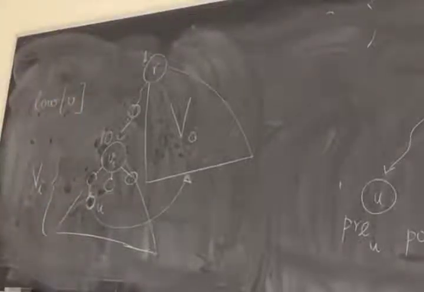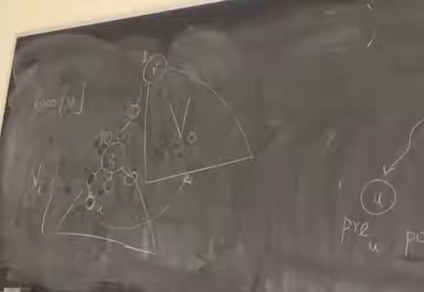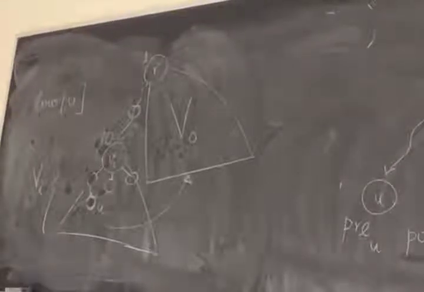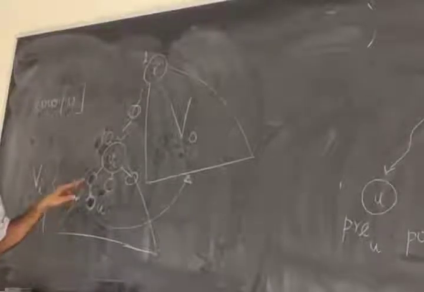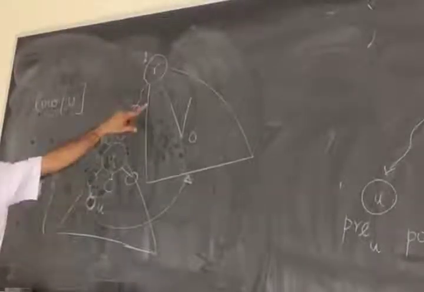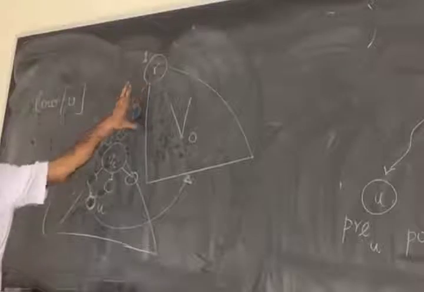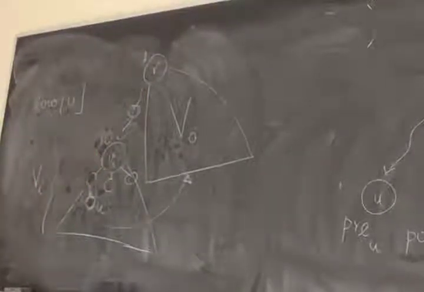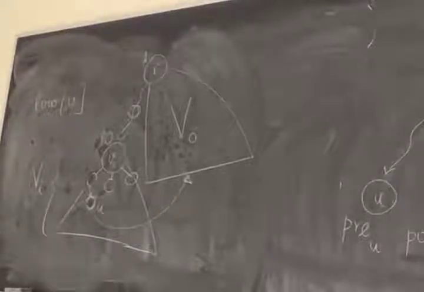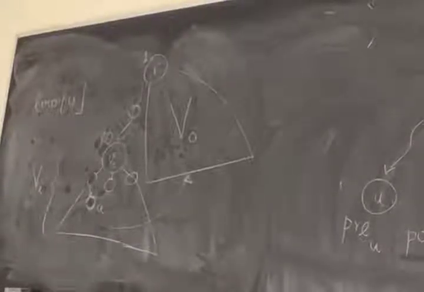And once you've done that, you're able to decide whether you have an independent path to go from here to the rest of the graph. And if you do, then this is no longer an articulation point. If you don't, then this becomes an articulation point, and you mark it as such.